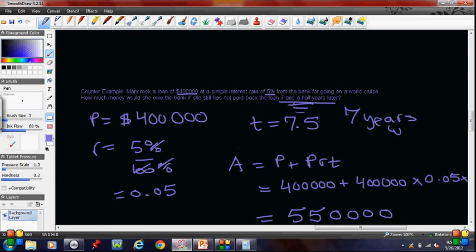Let me explain it once more in a more basic manner. Her simple interest periods are per year, right? So at 7 years, her interest has only been added 7 times, because the 8th time hasn't happened yet. So that makes perfect sense now.